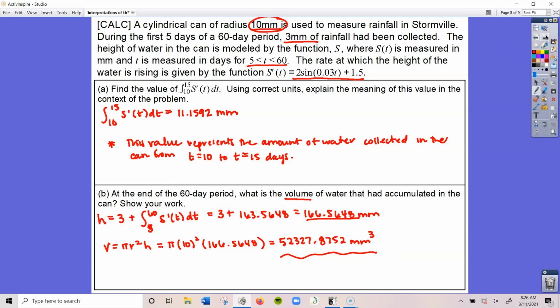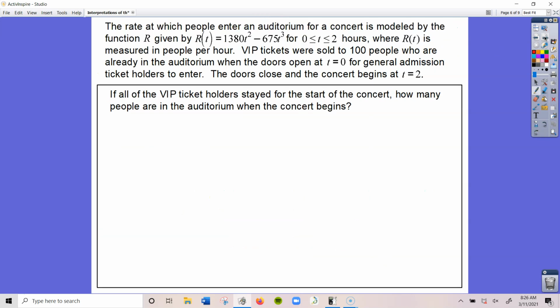Okay, let's look at another example. The rate at which people enter an auditorium for a concert is modeled by the function r, given by r of t is equal to 1,380 t squared minus 675 t to the third, for t between 0 and 2 hours, where r of t is measured in people per hour.